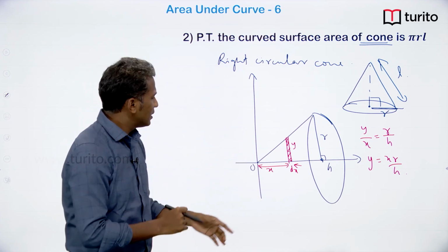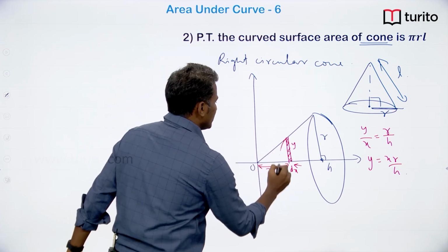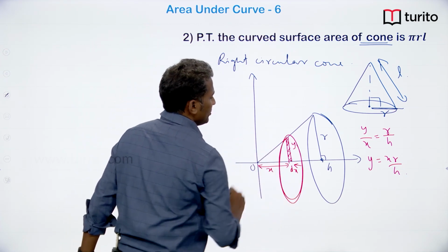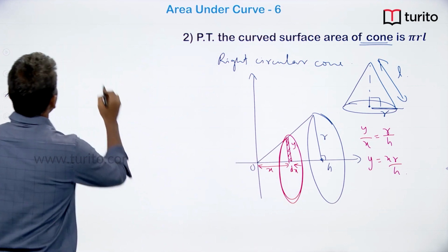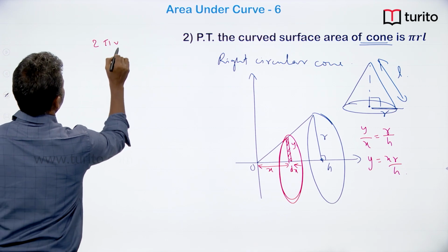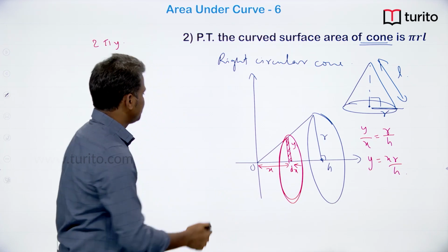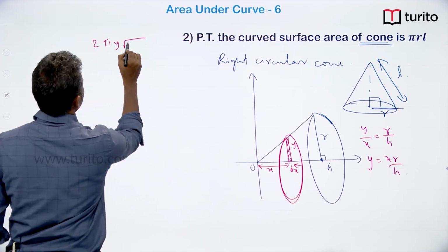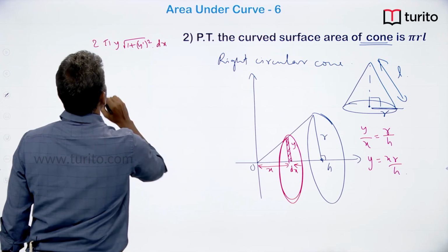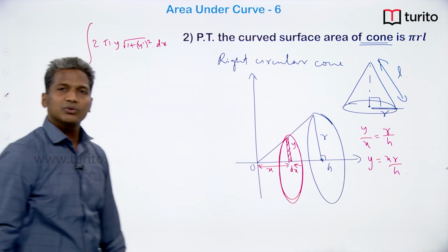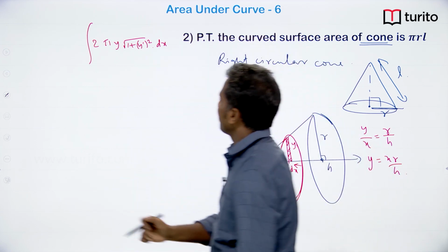When we rotate this line, this strip is also going to rotate, so it will be a disk. What is the perimeter of that disk? It will be 2 pi y. We multiply the perimeter with the arc length, which is root of 1 plus y dash whole square into dx, and when we integrate this, we are going to get the surface area, which is the curved surface area.